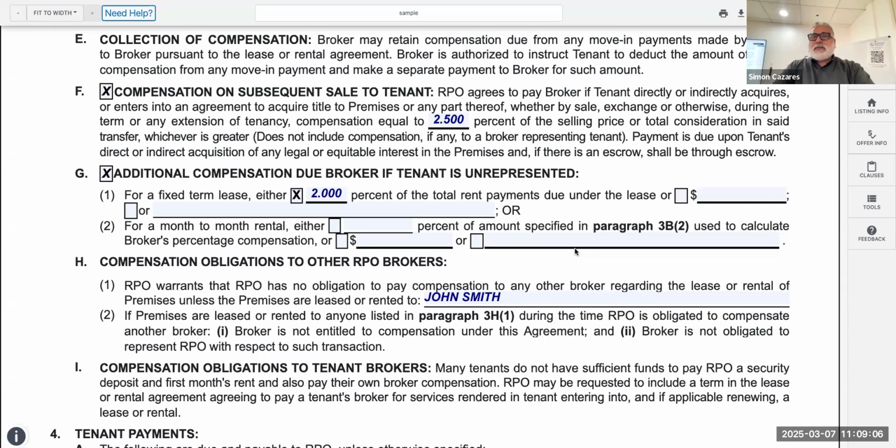It says that the landlord agrees to pay the broker if the tenant directly or indirectly inquires or enters into an agreement to acquire the title to the property, or any part thereof, whether by sale, exchange, or otherwise during the term or any extension of the tenancy, compensation equal to 2.5% of the selling price or total consideration in said transfer, whichever is greater, which does not include compensation, if any, to a broker representing the tenant. Payment is due upon tenant's direct or indirect acquisition of any legal or equitable interest in the premises, and if there is an escrow, shall be through escrow.